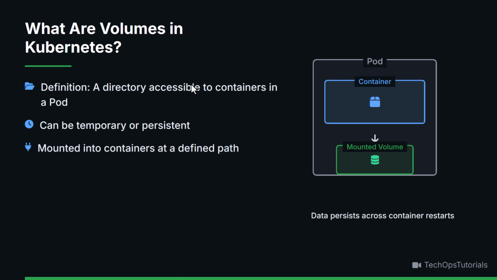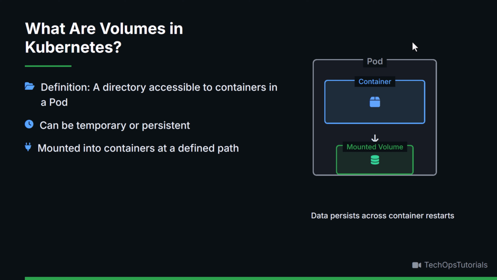Next. So now that we know why volumes are important, let's define what a volume actually is in Kubernetes. A volume is simply a directory that containers inside a pod can access. This directory can be temporary, used only while the pod is running, or it can be persistent, surviving a pod restart and rescheduling.